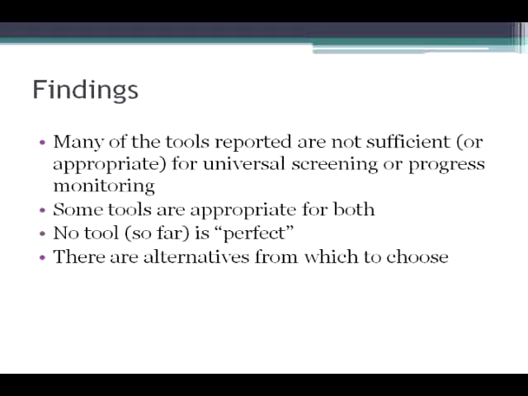However, it's seeming that no tool, at least the ones reviewed so far, is perfect, but it's not expected that any tool will be perfect. There are alternatives from which to choose. Some tools are determined to be appropriate for both screening and progress monitoring, but also are being rated high enough across the groups that they look like suitable alternatives.